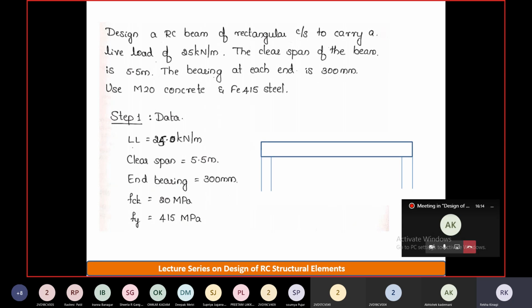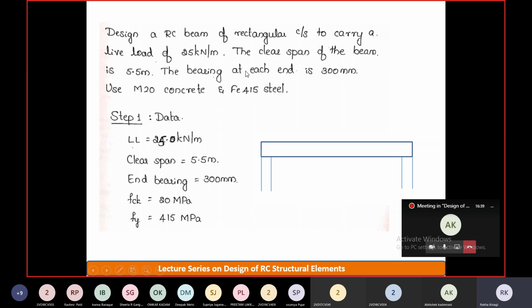So first let me note down the things which are being given. The type of section to be designed is rectangular cross section, and the live load is 25 kN per meter.